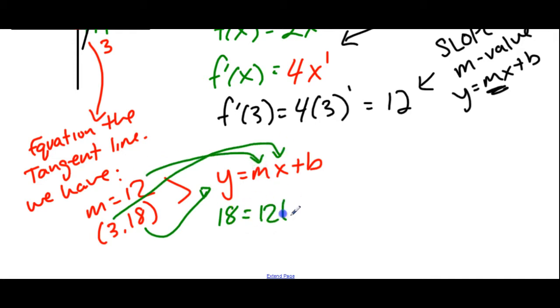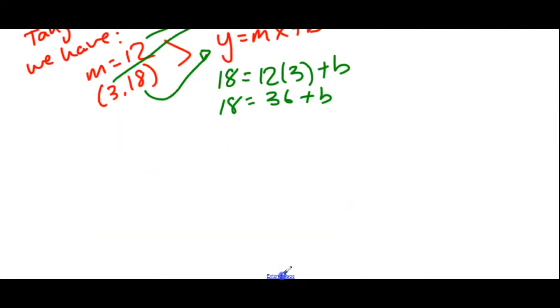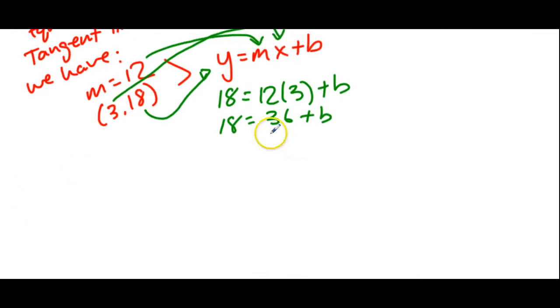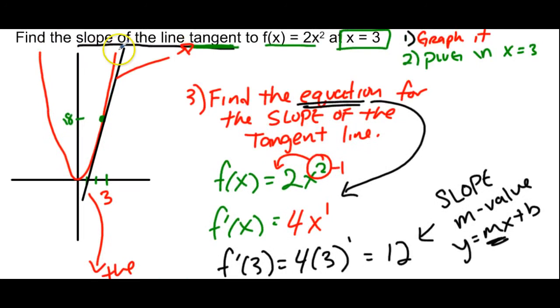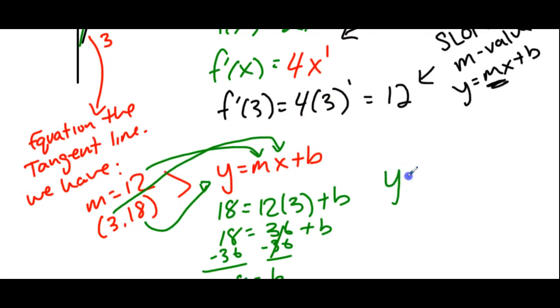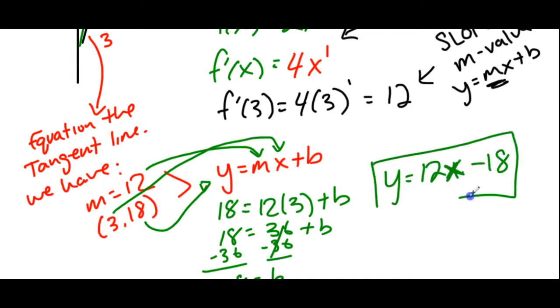So we have 18 equals 12 times 3 plus b, so 18 equals 36 plus b. We subtract 36 from both sides, and we have negative 18 equals b. So the equation for this line is y equals 12x minus 18. This is the equation that we need.